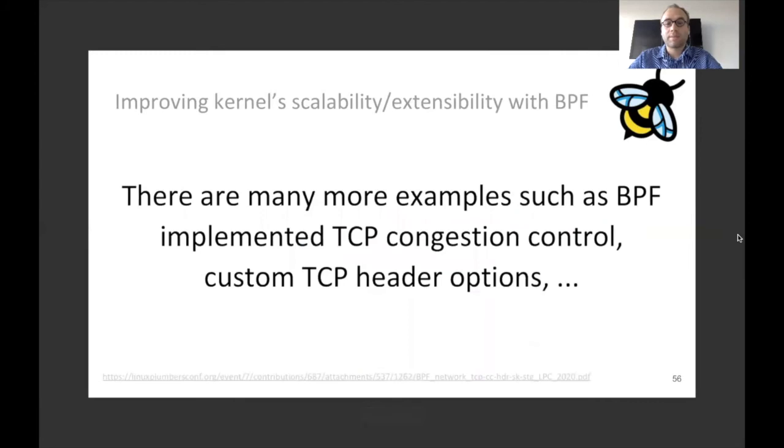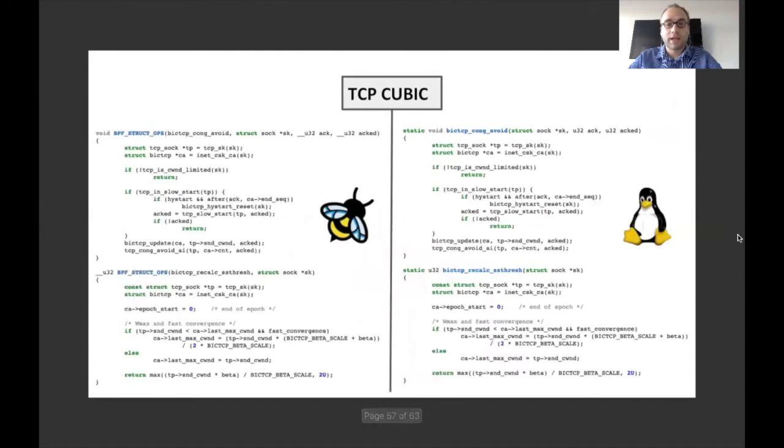There are also other examples, for example, TCP congestion control algorithms that you can implement with BPF, or custom TCP header options, which is really interesting in particular for data centers. Here I posted an example where on the left side you see the implementation from BPF, and on the right side you see the actual TCP cubic implementation as native code in the kernel, and they are very close to similar.